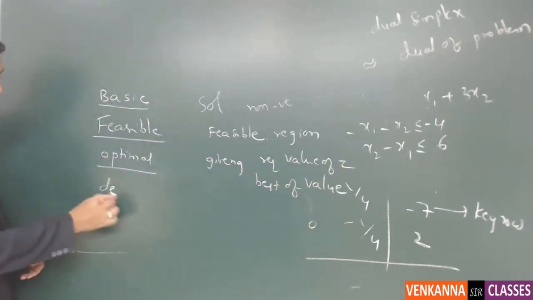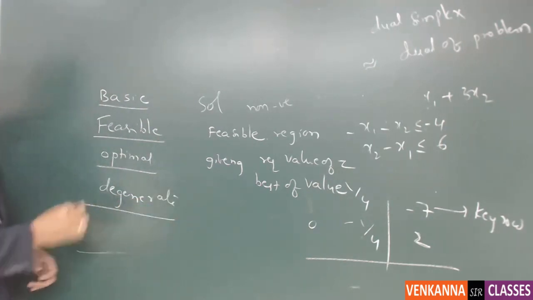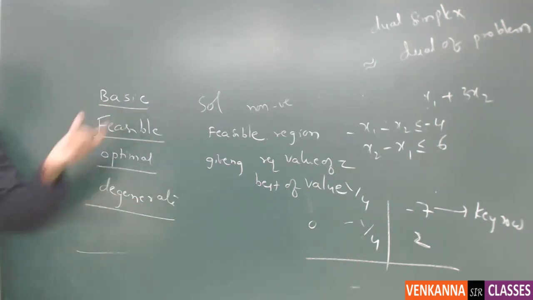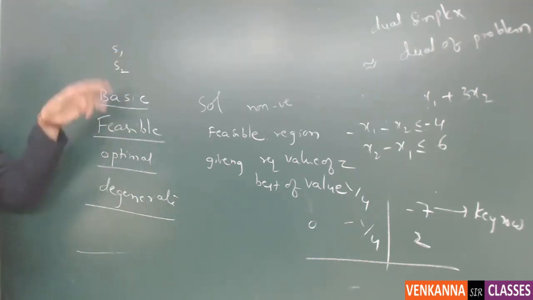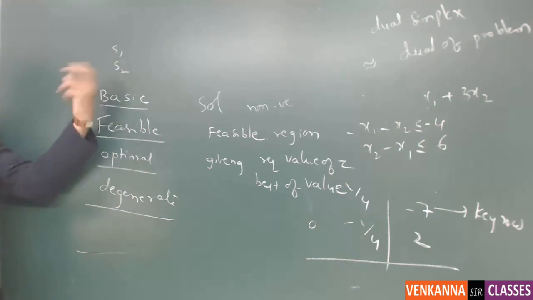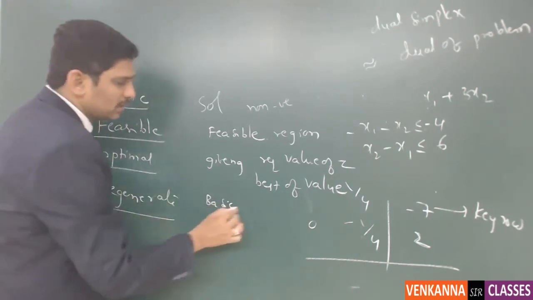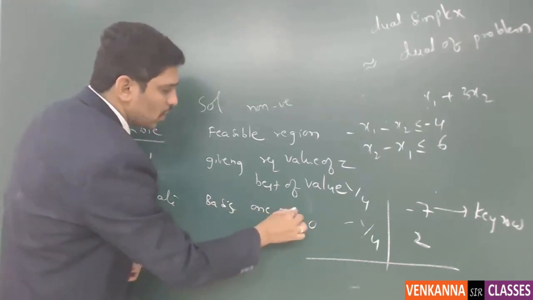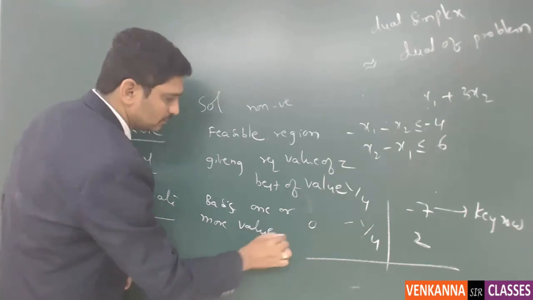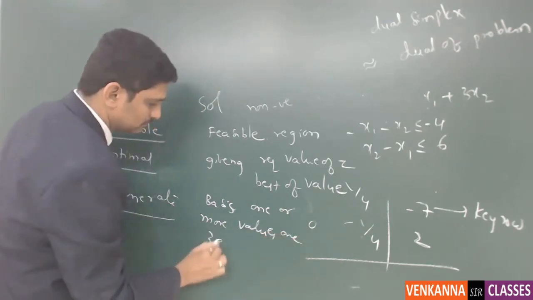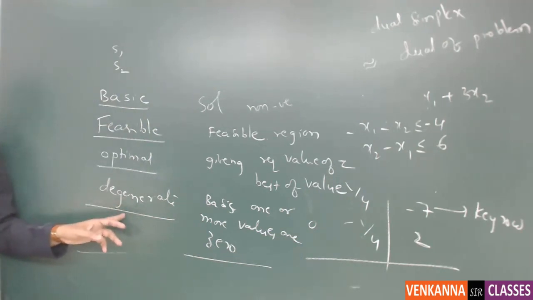And if you want to degenerate, since you are starting the basic variables, say S1 and S2, or if you have S1 and S2, since you have taken a basis, if in the basis one or more solutions are zero, that is called degenerate.